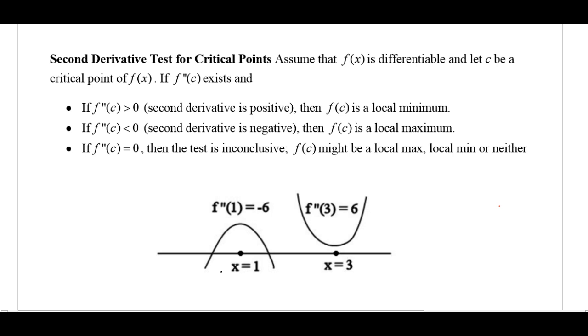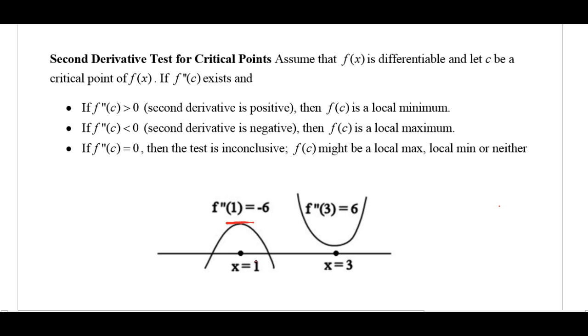So let's take a look at this left image right here. Let's say x equals 1 is a critical point, which means that at 1, the derivative is 0, so notice there's a horizontal tangent line. Now above it is the second derivative test for critical points being applied. So we know that x equals 1 is a critical point because the first derivative is 0. There's a horizontal tangent line.